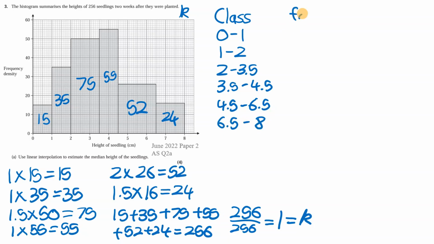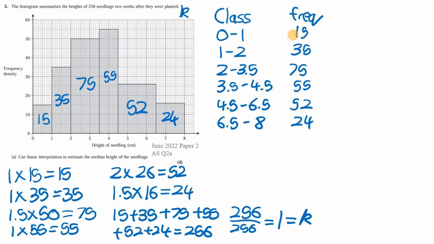As we said, the frequency is equal to the area, so the frequencies are 15, 35, 75, 55, 52, and 24. So this is the grouped frequency table here.